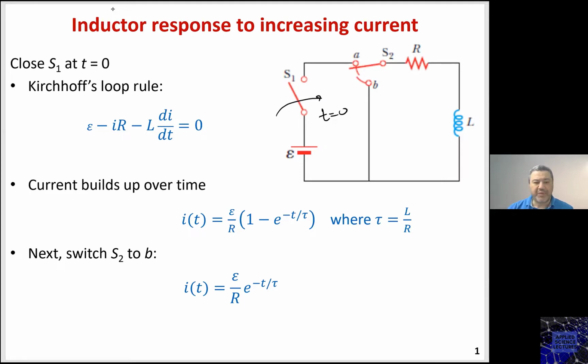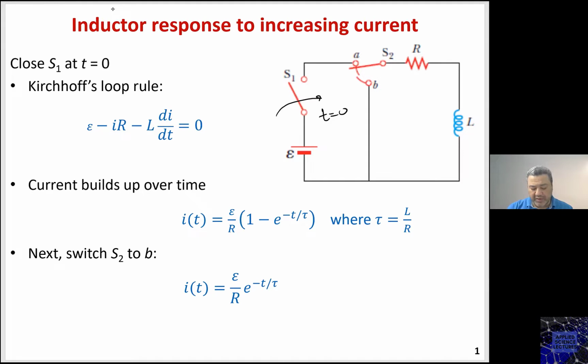So what's going to happen to the inductor? The inductor now is going to see an increase in the current. And as we have seen earlier, the increase of the current is going to result in a potential difference, that is the induced electromotive force, due to this current that opposes the increase in the current.